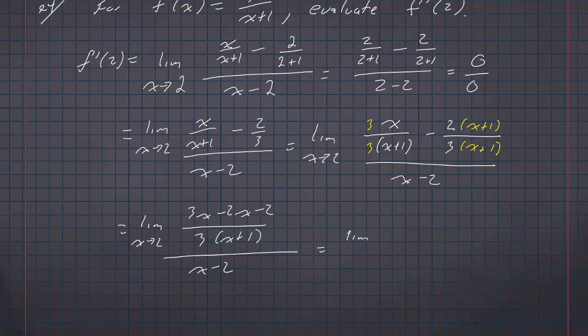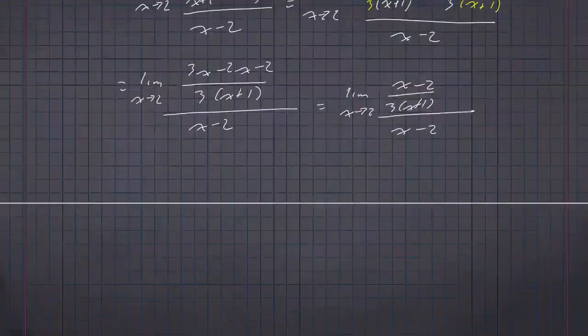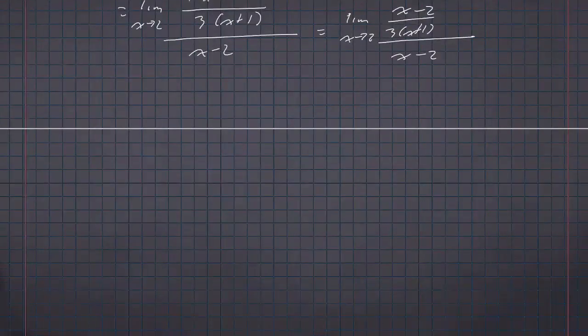This is the limit as x goes to 2 of 3x minus 2x, which is x minus 2, over 3 times x plus 1, right? That's the fraction in the numerator. And then that whole thing is over x minus 2. At this point, you probably see where we're going, but I'll take my time and be careful with this.